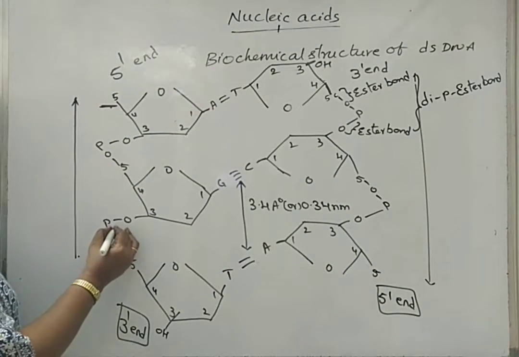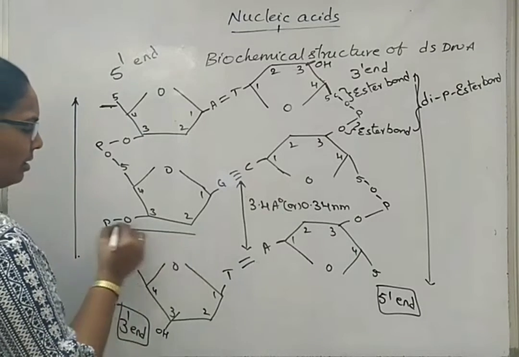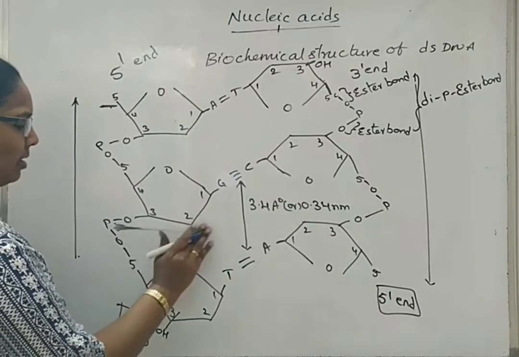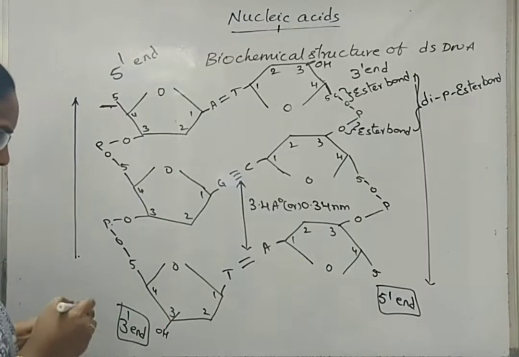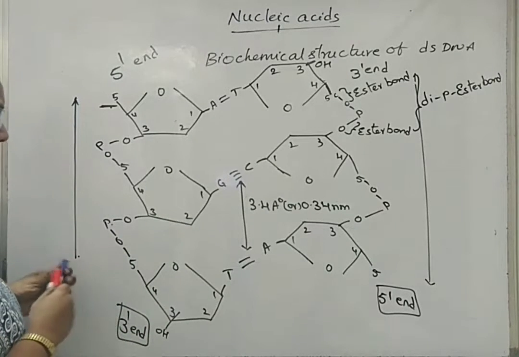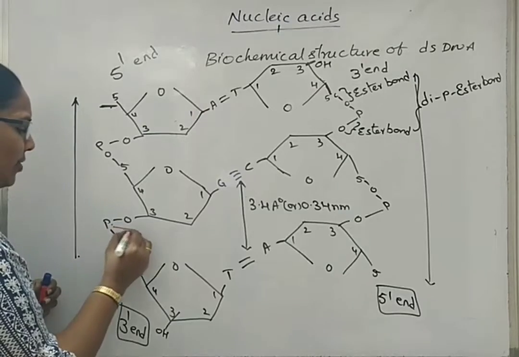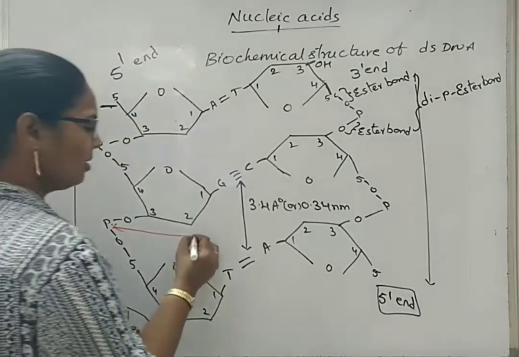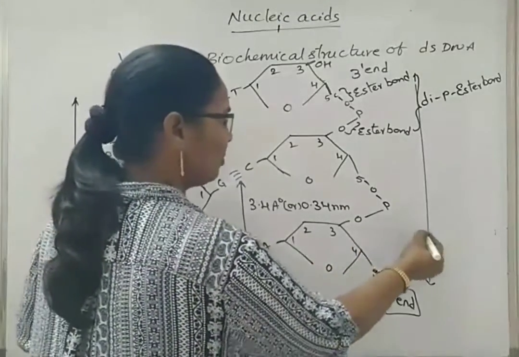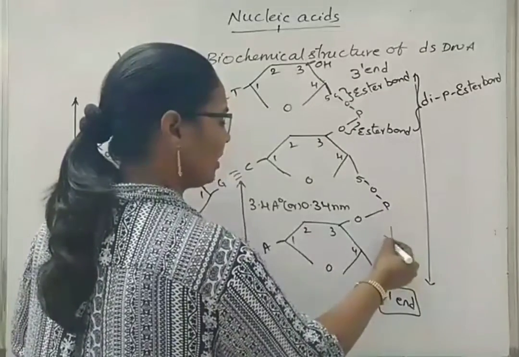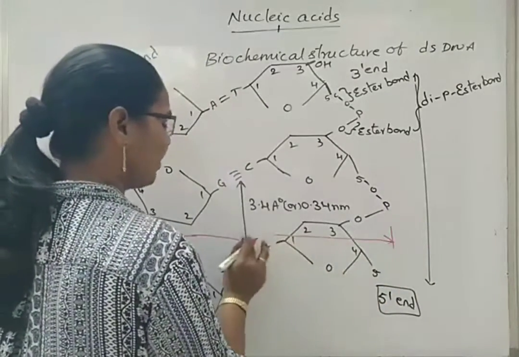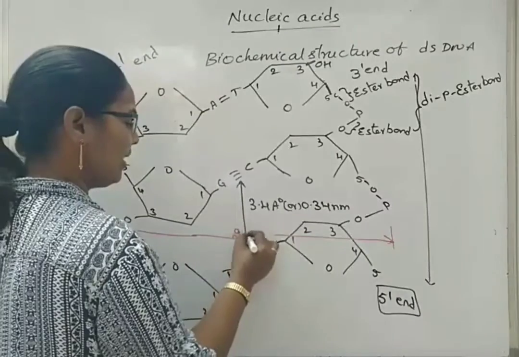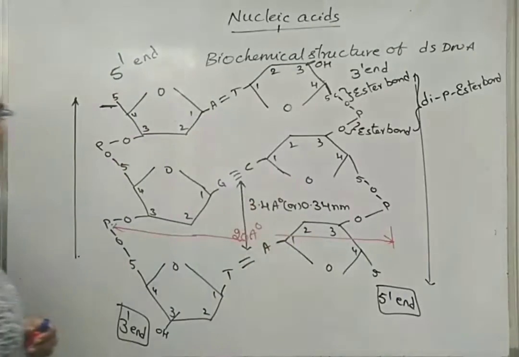And the total diameter from the phosphate of this phosphate molecule up to the phosphate molecule here, we can represent as 20 angstroms in diameter.